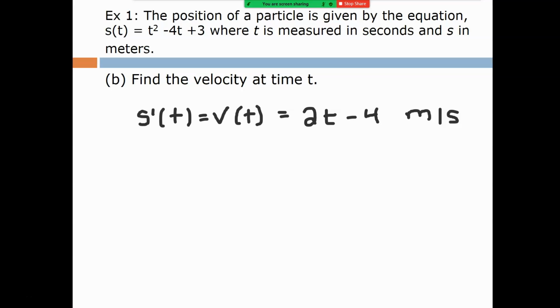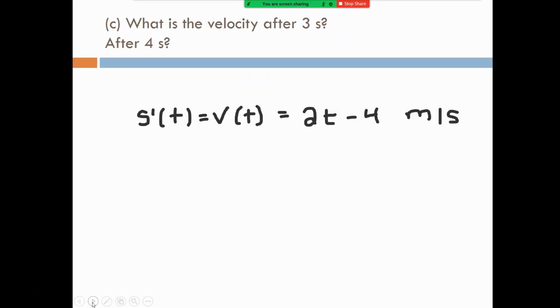So my units are meters per second. And then the next question is, what is the velocity after 3 seconds? What is the velocity after 4 seconds? So what we're going to do is find v of 3 and v of 4.